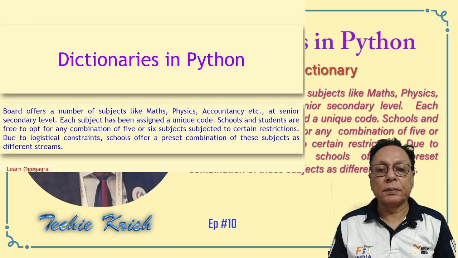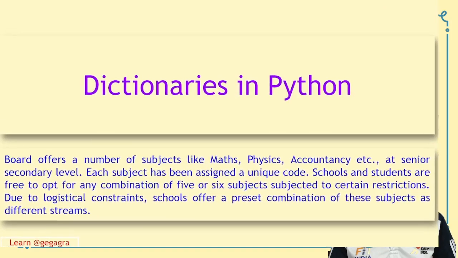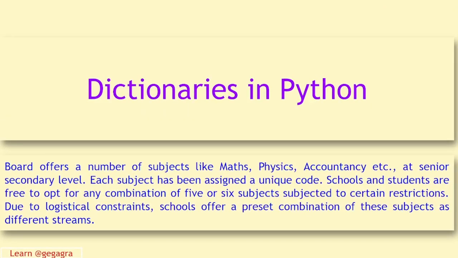See here, this is just a simple script. The Board offers a number of subjects to students, like maths, physics, accountancy, etc. At senior secondary level, each subject has been assigned a unique code.